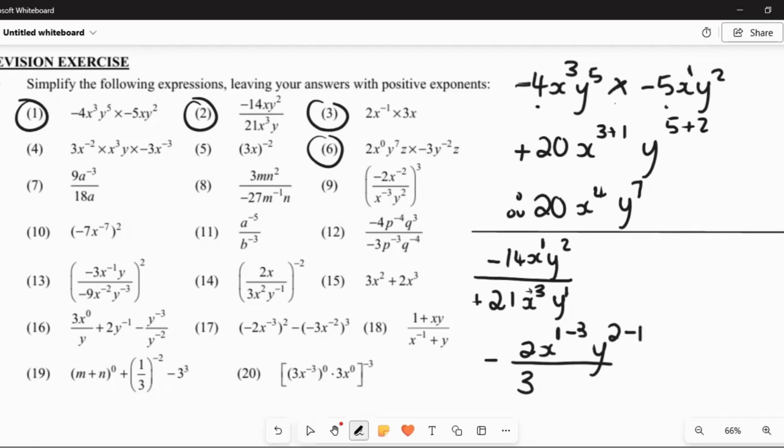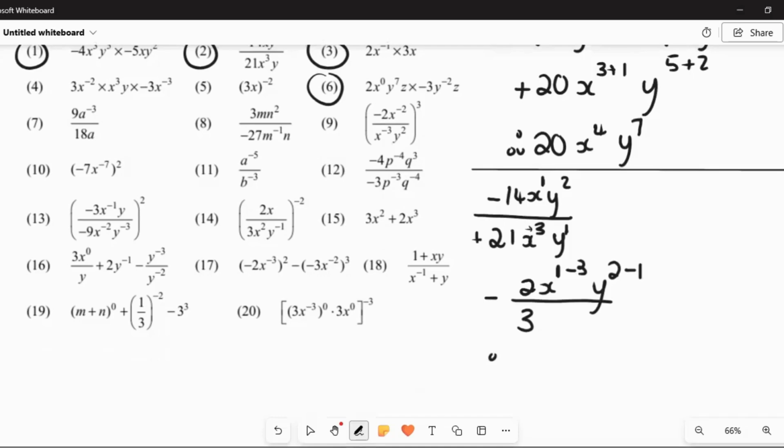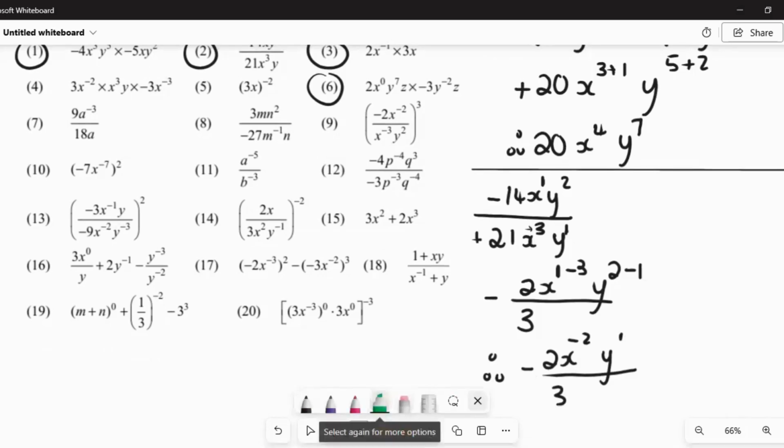And then now, finally, our answer is going to be negative 2, and then for x, 1 minus 3 is going to give us negative 2, and then we have y. Our y is 2 minus 1, which gives us positive 1 over 3 still. But remember, we cannot leave our answer with a negative exponent.